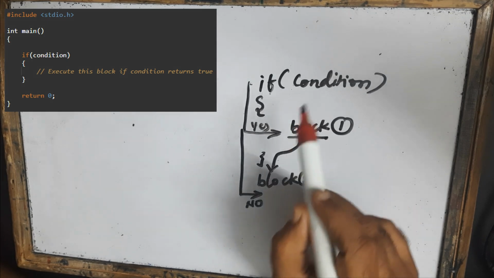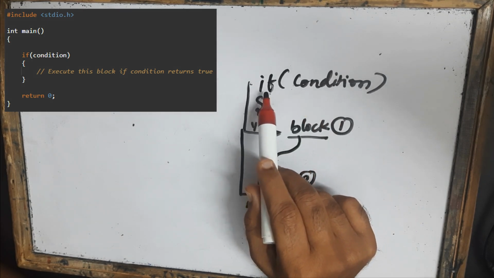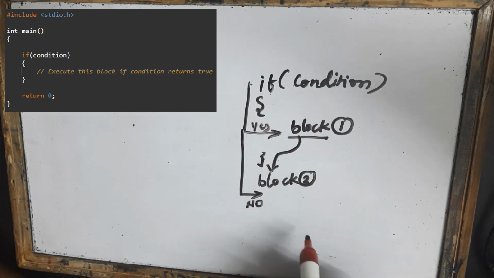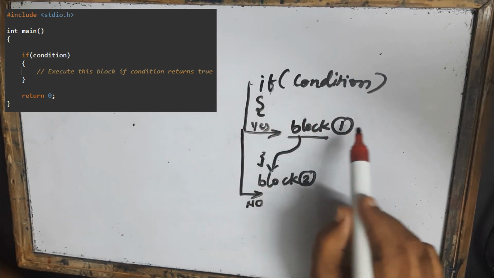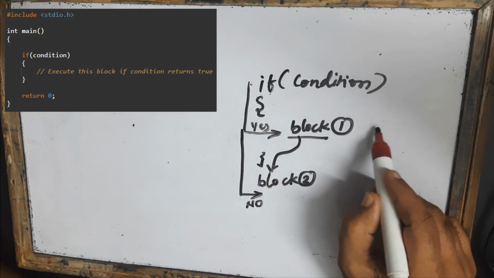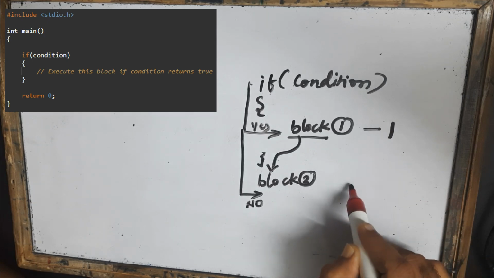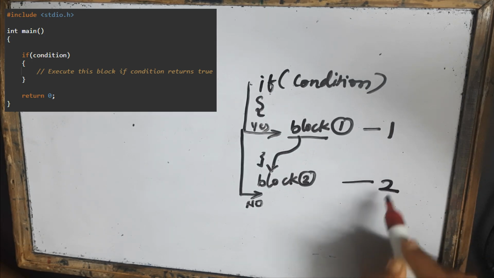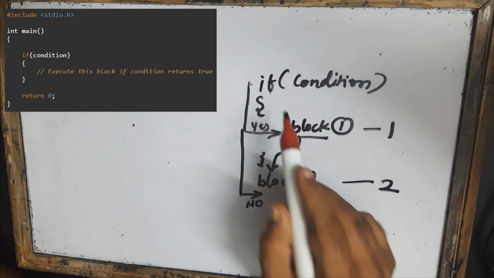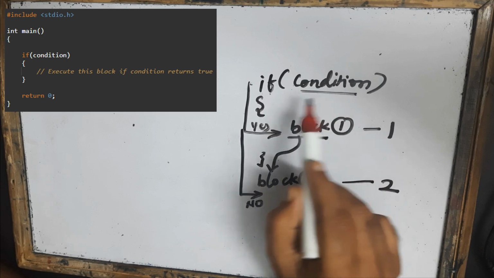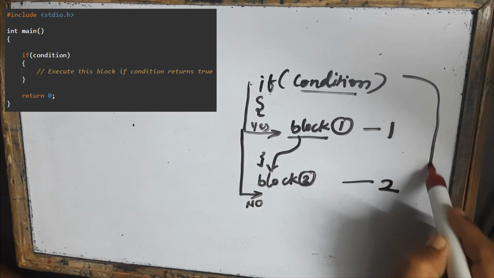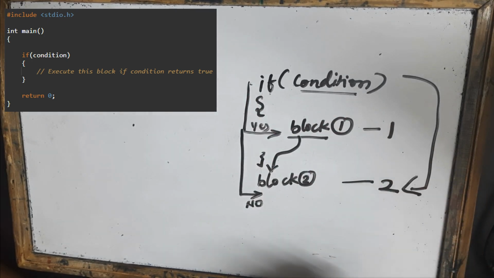So this is how just one if will work. This is the first step: if yes, then you go to block 1. If the condition is false, then you go directly to block number 2. That is how this works.